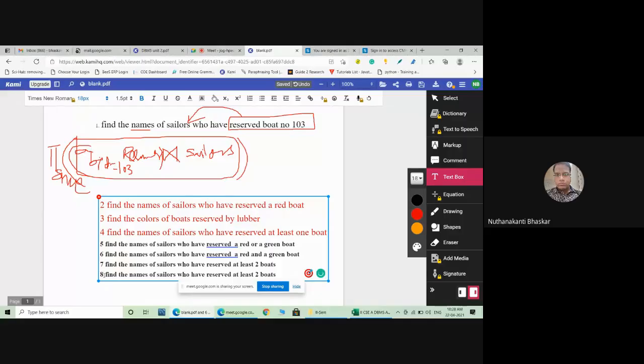Now coming to the eighth. Find the SIDs of sailors with age over 20 who have not reserved a red boat.